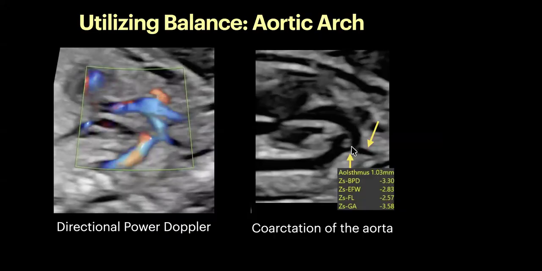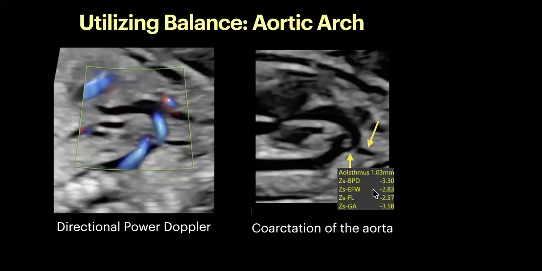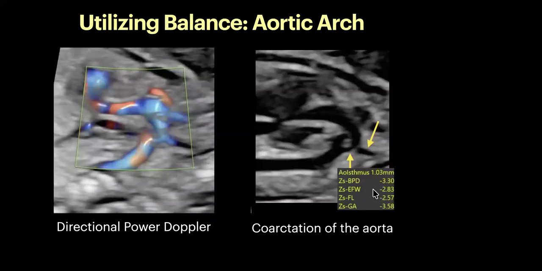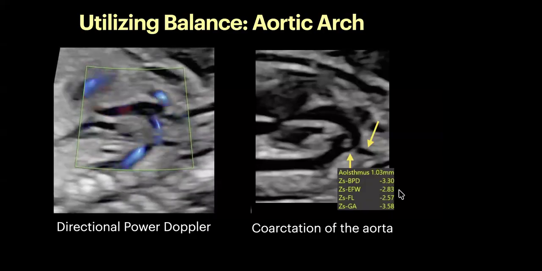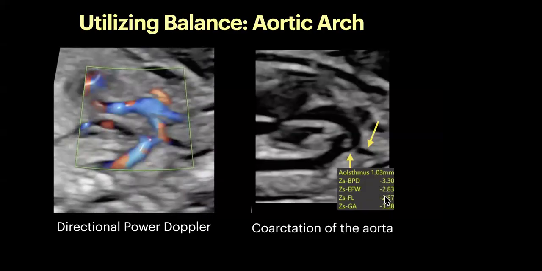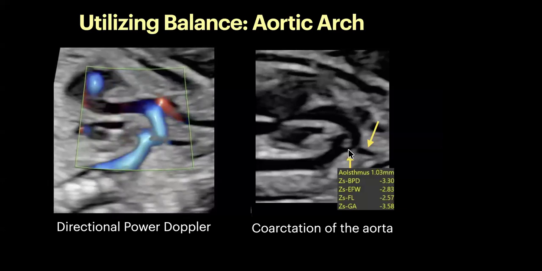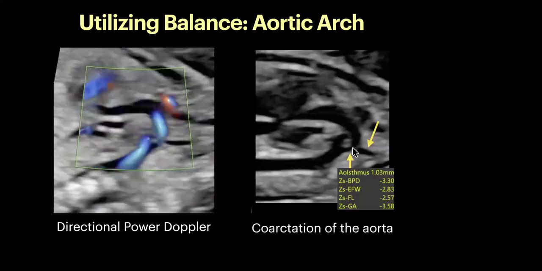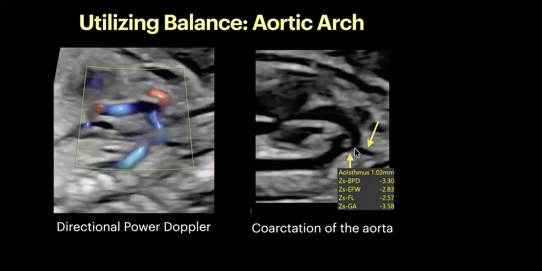Notice that we're looking at the area of the aortic isthmus and that there's a complete narrowing there. And of course, we utilize Z-scores for measurement. A Z-score gives us the standard deviation for gestational age. Anything at -2 or -3 is considered -3 standard deviations for gestational age. So this was actually a coarctation, giving that typical sonographic view of a shelf.